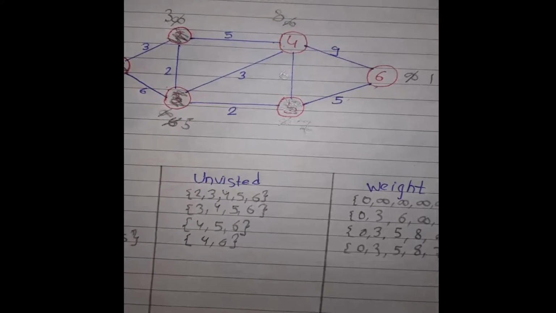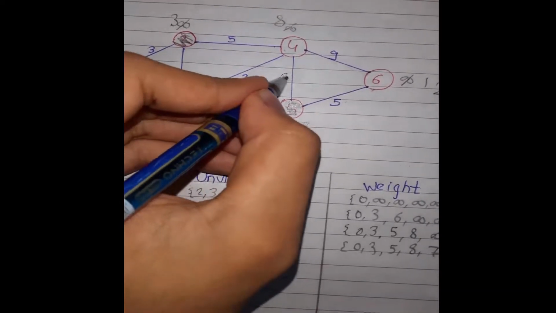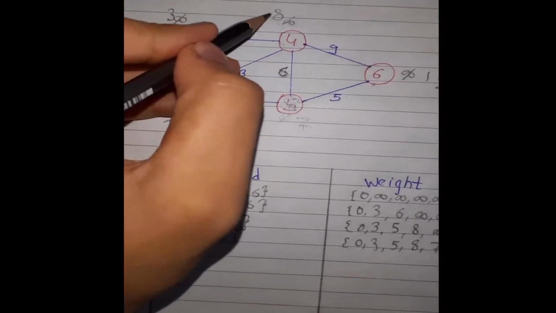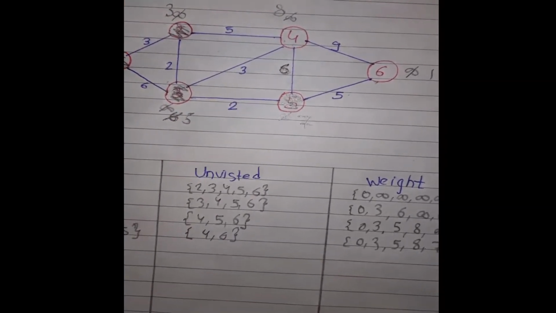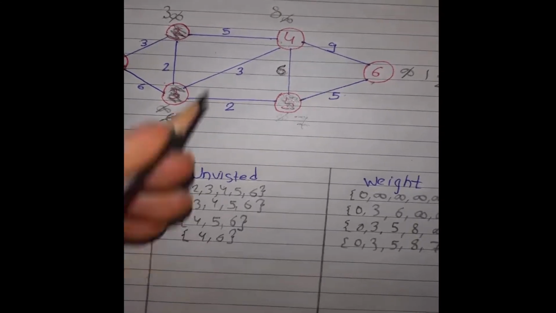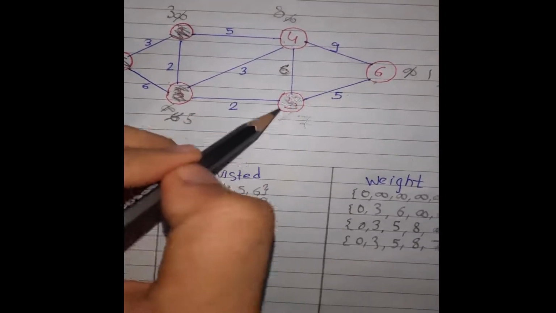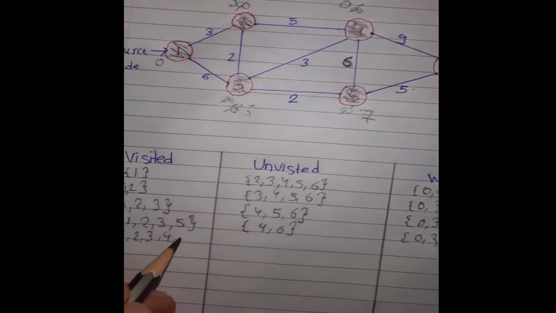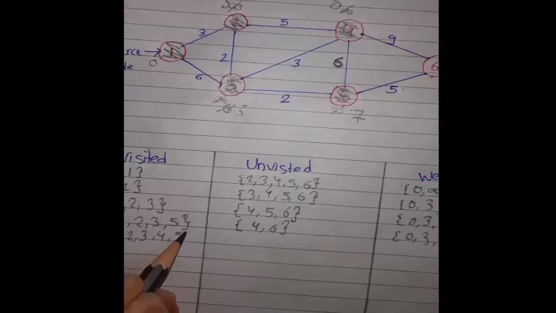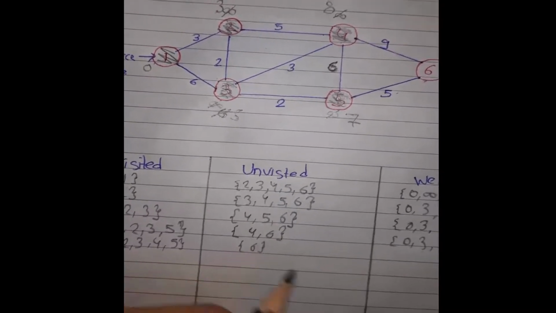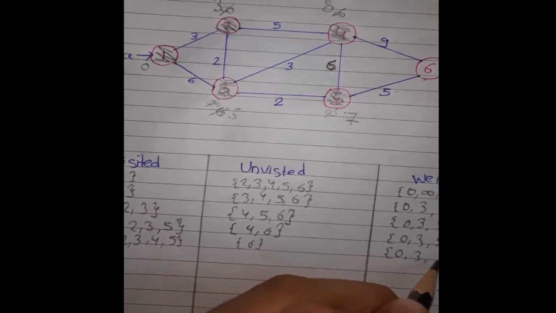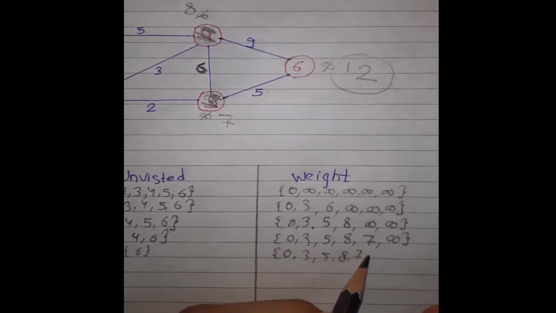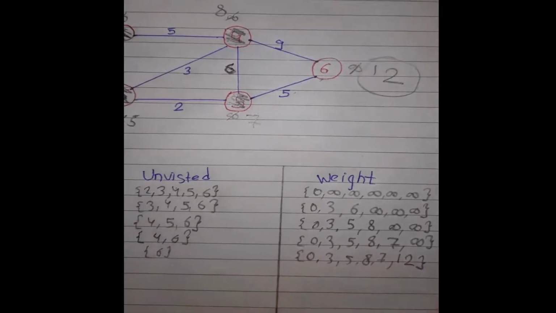So we are not considering this. This is greater than 8, this node. It is already visited, meaning we have already traced it. So I'm not considering this, and I'm directly writing 1, 2, 4, 5 are visited, 6 is unvisited, and our distances are 0, 3, 5, 8, 7, and this is 12. Here you can see.